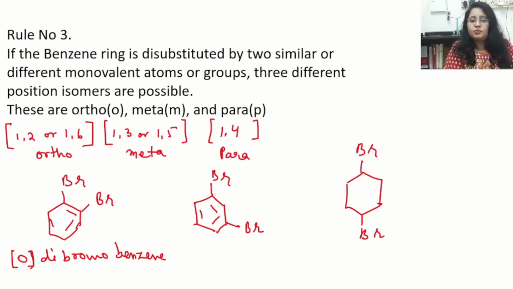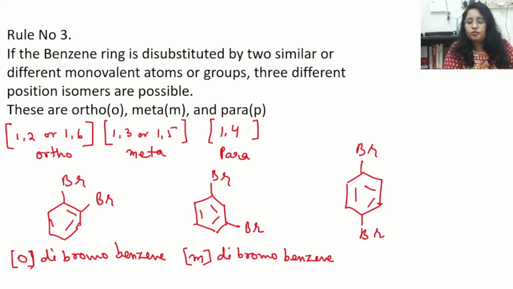If it is 1,3 position, we will write it meta. Then meta dibromobenzene. If it is like 1,4, it is written as para dibromobenzene.